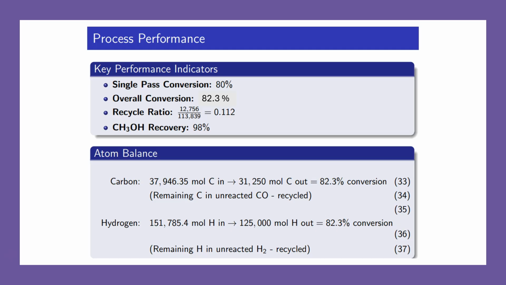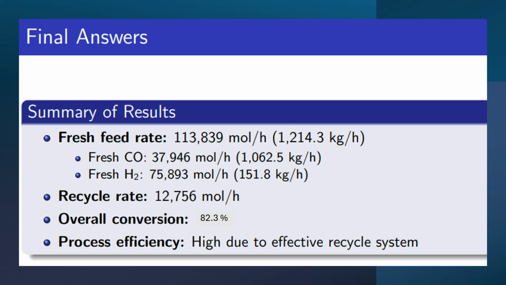And hydrogen, 151,785.4 mole hydrogen in and 125,000 mole of H out, so that is again 82.3% conversion. So total overall conversion is 82.3%, and the recycle ratio we can calculate: 12,756 divided by 113,839, that is 0.112. And CH3OH recovery is already given, that is 98%.